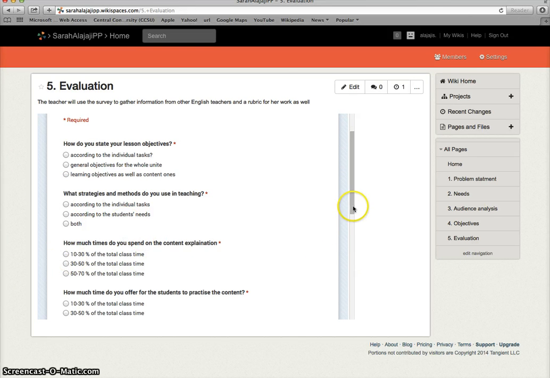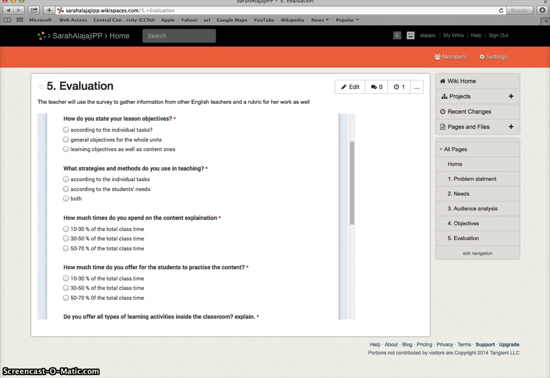At the end, the evaluation would be, can you write objectives, or how do you feel about writing objectives, of the strategies that we studied here in the class, which is the best?